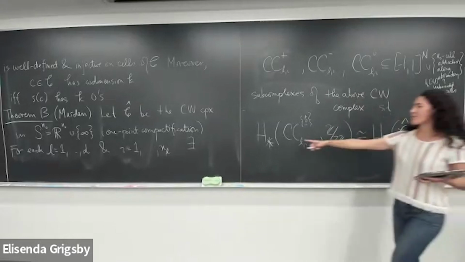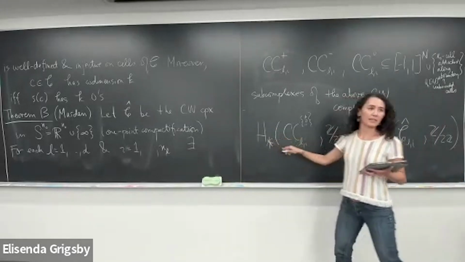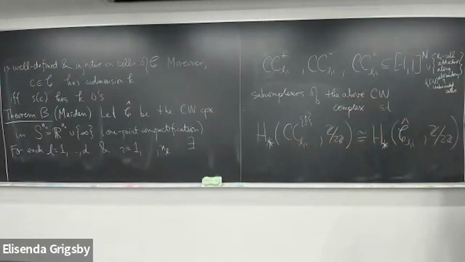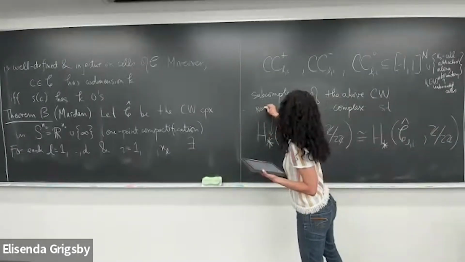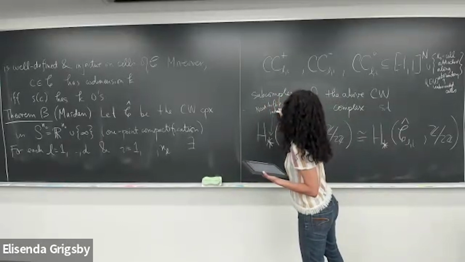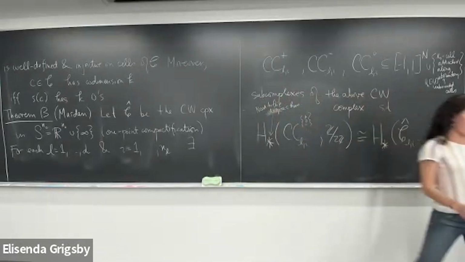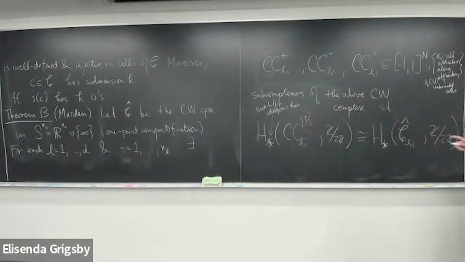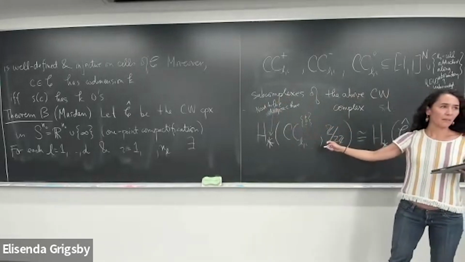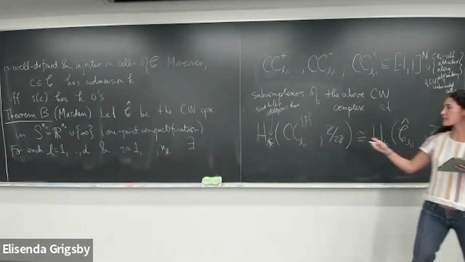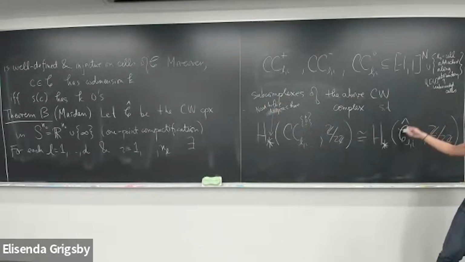You have to do some flipping of indices, but it's essentially the same complex. Degrees here. And it's coming from the fact that this complex is naturally graded by k-cells that correspond to n0 minus k cells over here.